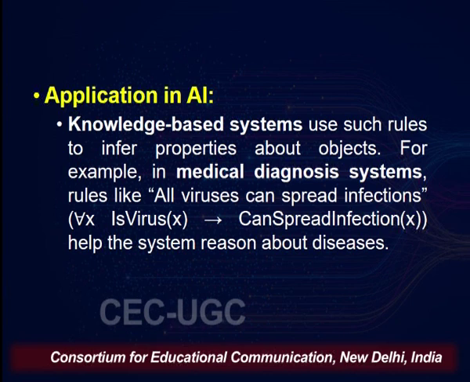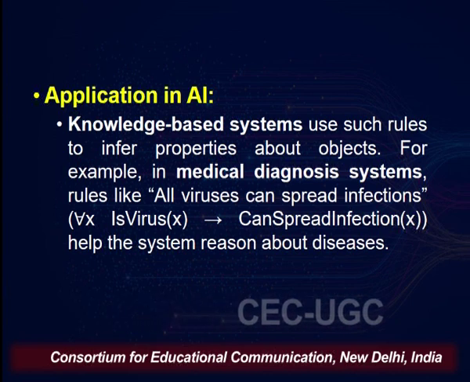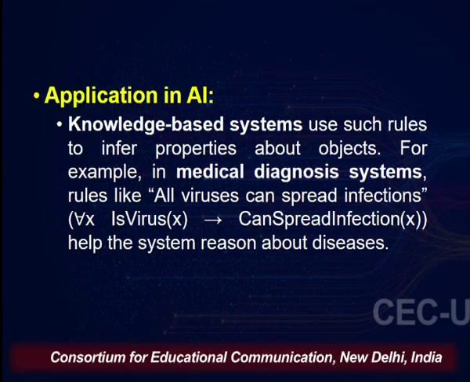Where it is used in AI: in knowledge based systems, such rules are used to infer properties about objects. For example, in a medical diagnosis system, all viruses can spread infections can be written as, for all x, virus(x) implies can_spread_infection(x), and this will help the system to reason about the diseases.